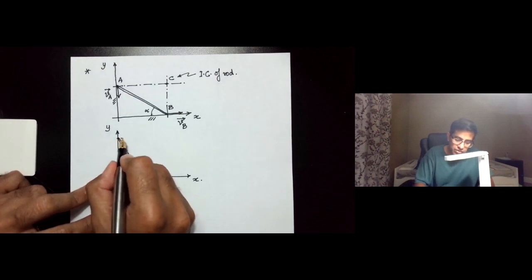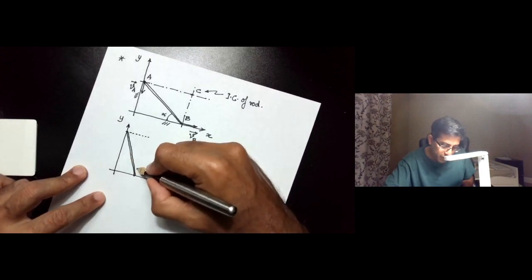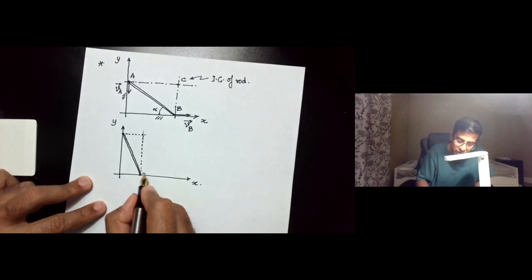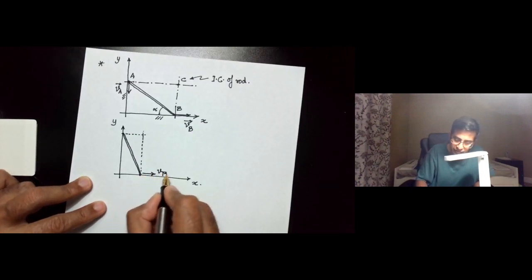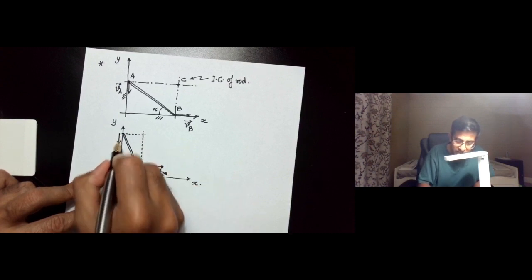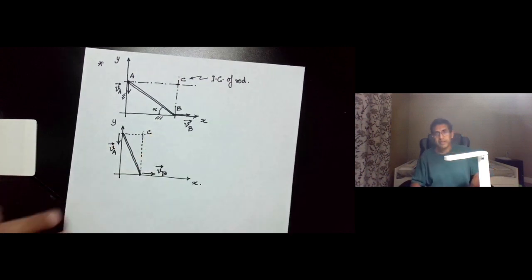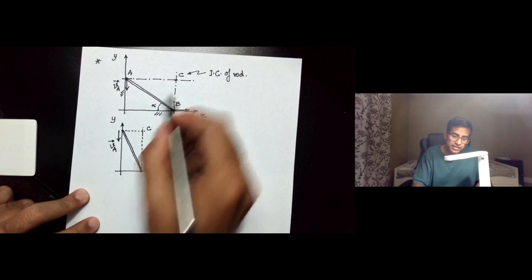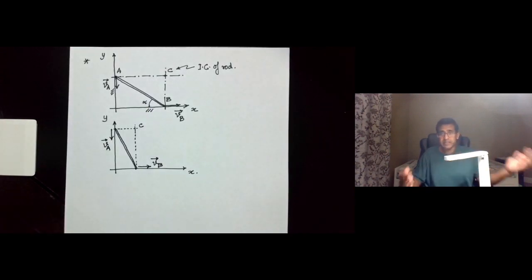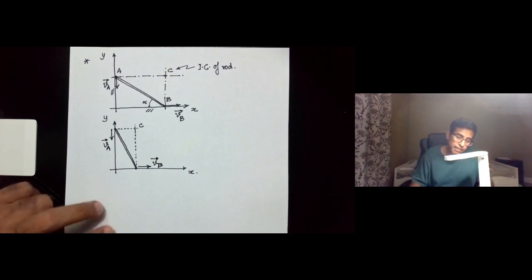So here also we can draw the same perpendiculars, because VB was still in this direction and VA was also still in the downward direction, and the instantaneous center was here, right? So the instantaneous center, you can see, is going to change its location. So that's why it's instantaneous, because from one instant to another the center of rotation changes.